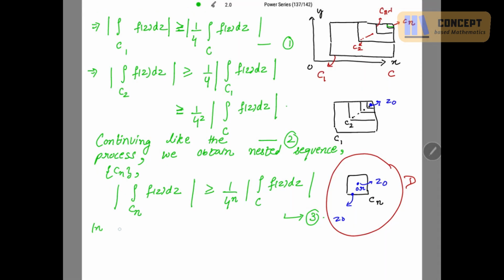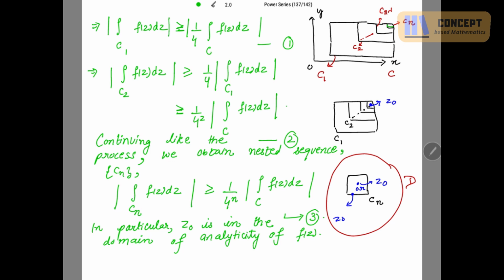So in particular, z0 is in the domain of analyticity of f of z.